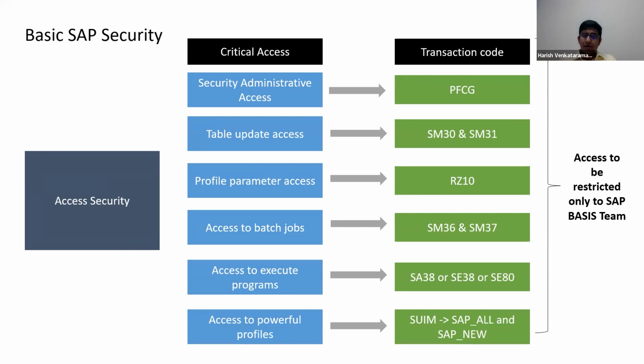And the last couple of points are on access to execute programs and powerful profiles. All along, we have been discussing transaction codes. Before we started discussing, we also had a slide looking at what a program is and how a program drives a transaction code.